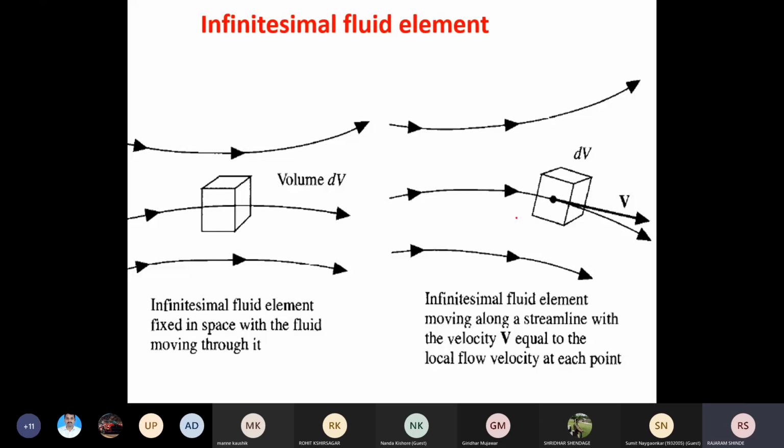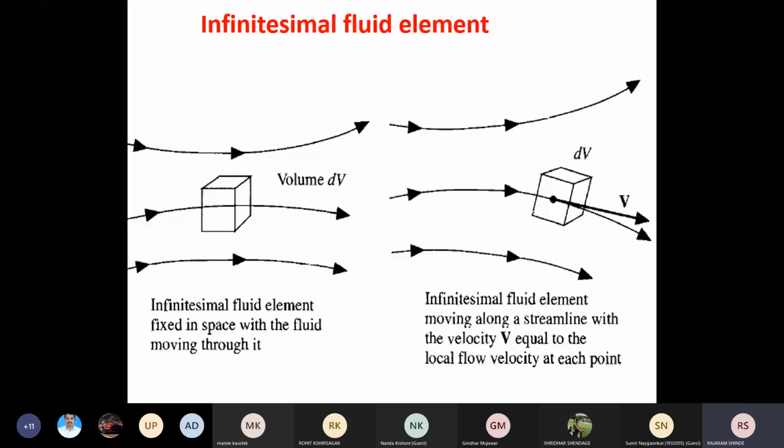Now these small fluid elements may be fixed in space or may be moving with the streamlines, or moving with the velocity of the fluid. In the case of the fluid element fixed in space, we are looking over the whole flow field, and when it is moving with the fluid, we are concentrating on the fluid inside this small fluid element.